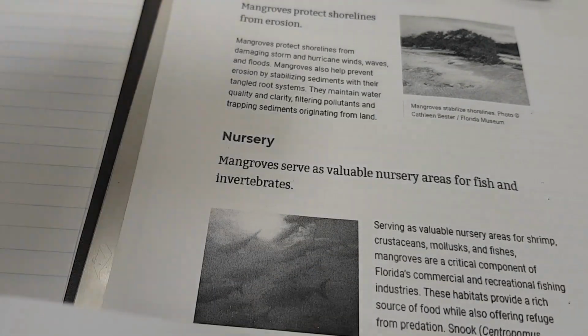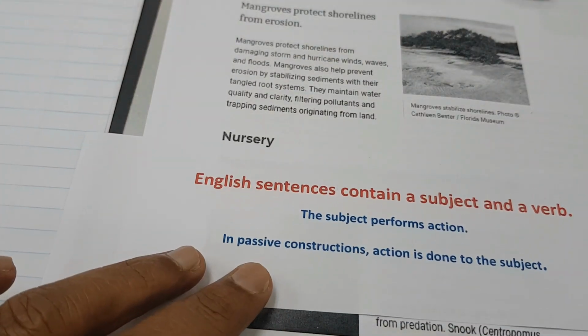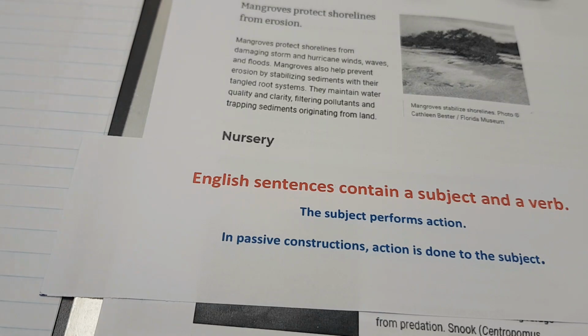What we have to remember too is that as a basis for comprehension, English sentences contain, by definition, a subject and a verb. There are cases where you have verbless sentences, but those are not many. The average or typical sentence you will encounter and that your students will encounter contains a subject and a verb, where the subject performs some kind of action, and that action, as we know, can be in the form of the verb to be.